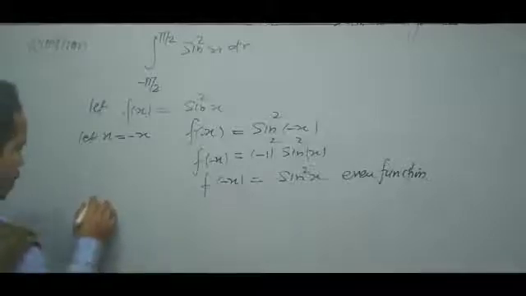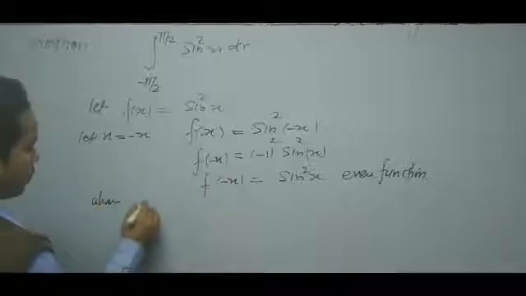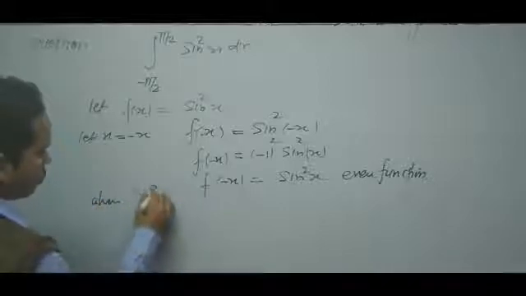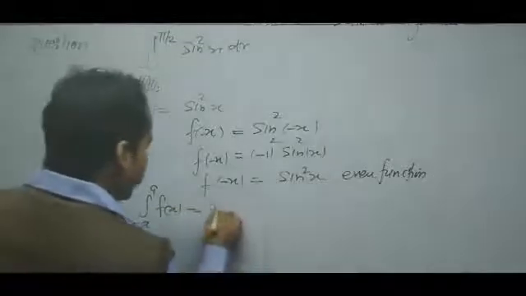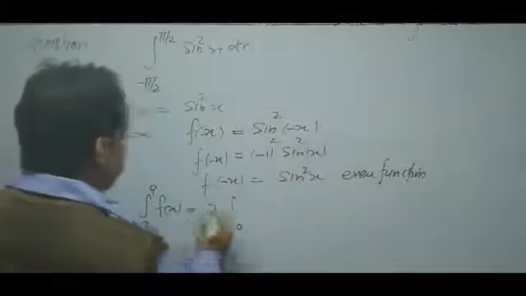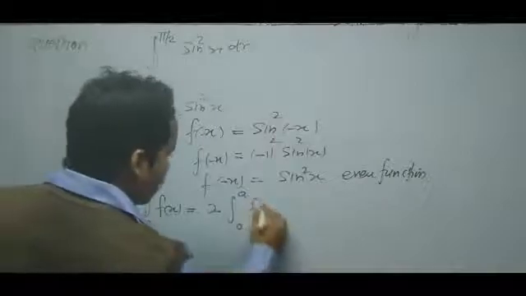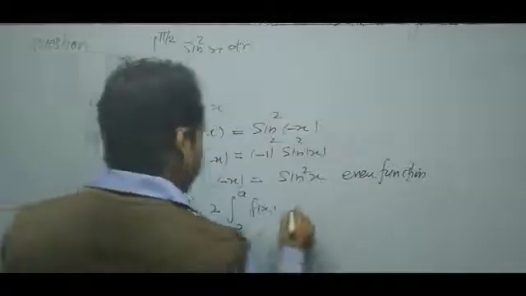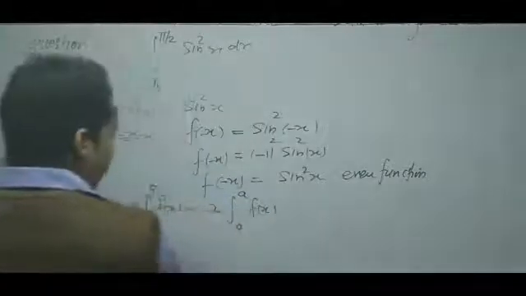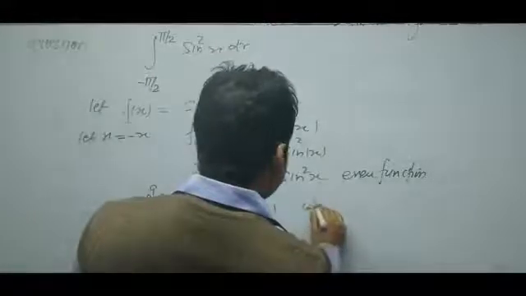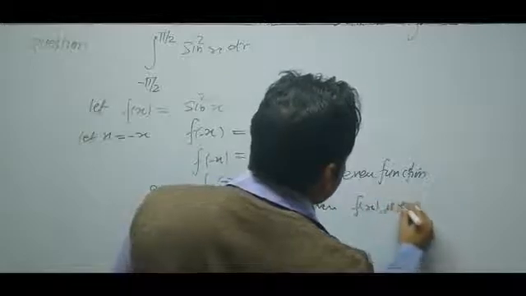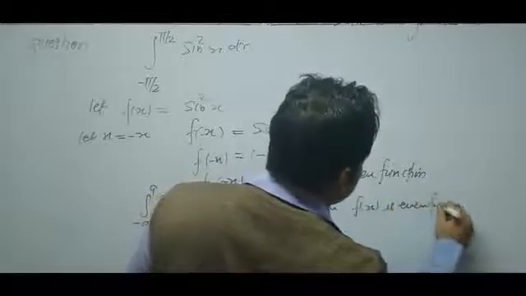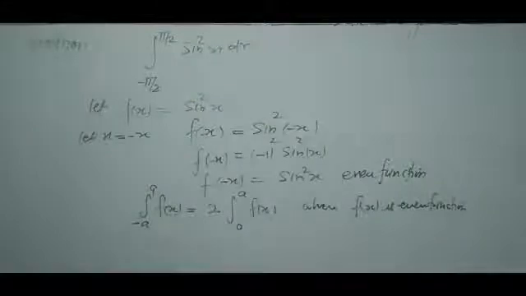When the integration over minus a to a of f(x) is equal to 2 times the integral from 0 to a of f(x), only for f(x) an even function.